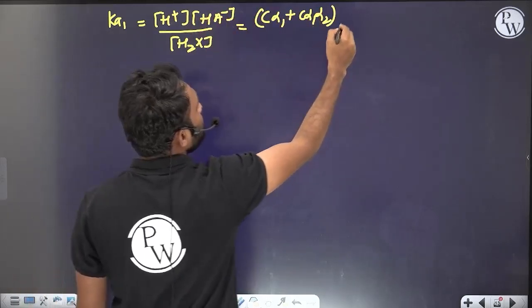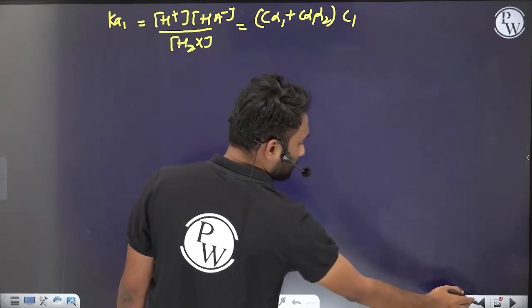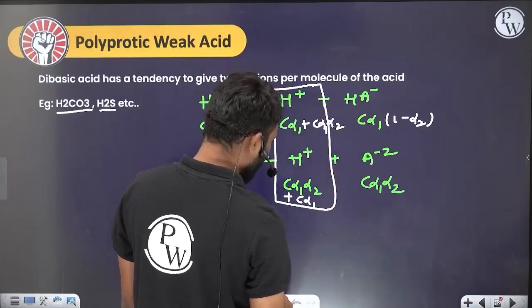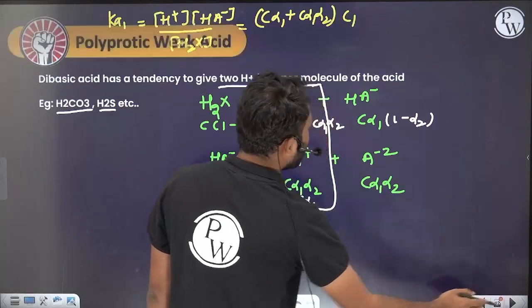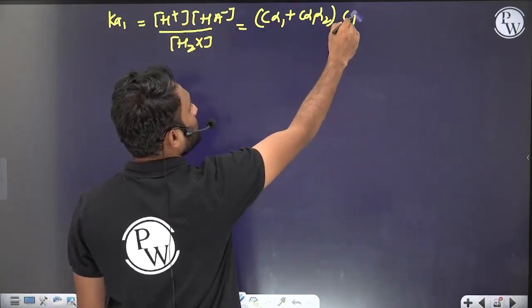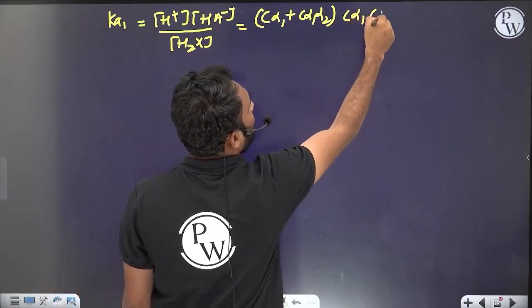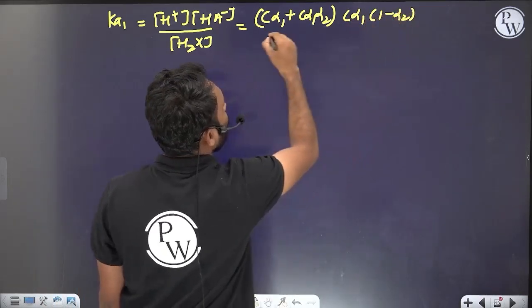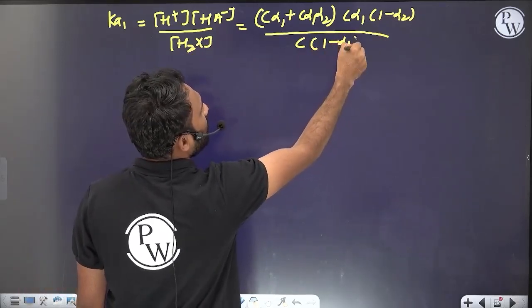The HA minus concentration is C alpha 1 into 1 minus alpha 2. And the H2A concentration is C into 1 minus alpha 1.